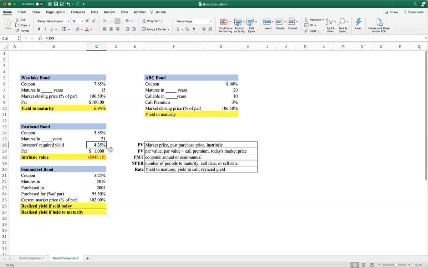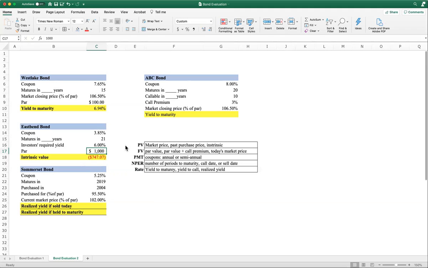So let me change this number so you will get it. It's 4.25 now. Let's change it to 6%. If you want your money to make 6%, then you're only willing to pay $747 for this bond, because with a 3.85% annual coupon, you will only get a 6% annual rate of return if you pay $747 as your initial investment to get that $1,000 face value.